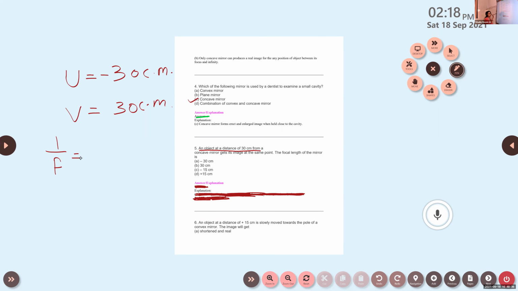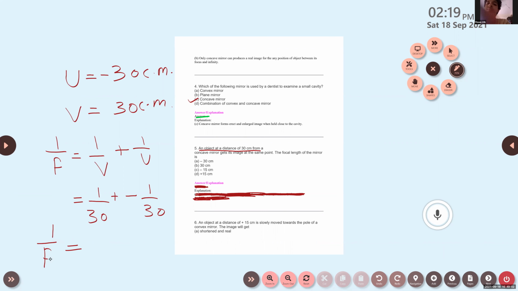How can we calculate the focal length? 1 by F is equal to 1 by V plus 1 by U. That is equal to 1 by 30 plus minus 1 by 30. 1 by F is equal to 1 minus 1 divided by 30.